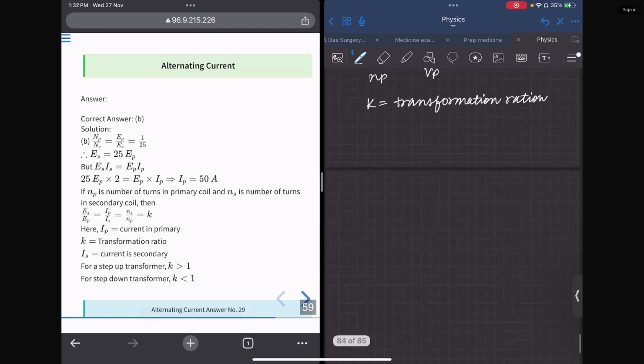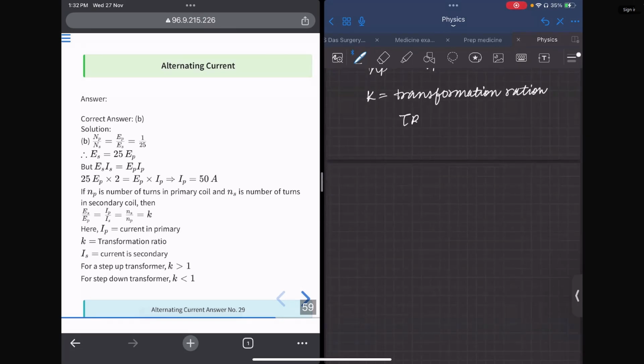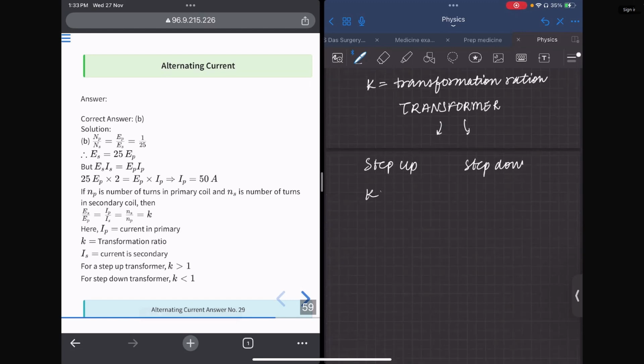We have two types of transformers: a step up transformer and a step down transformer. In a step up transformer, K is greater than 1, and in a step down transformer, K is less than 1.